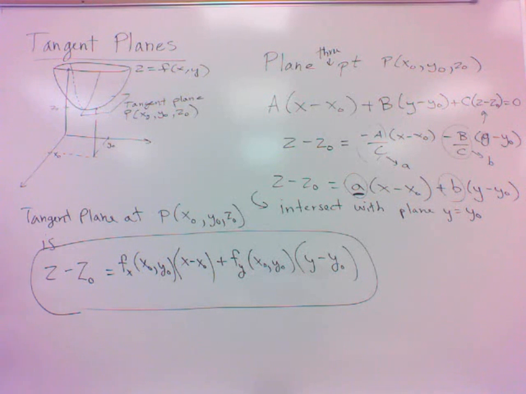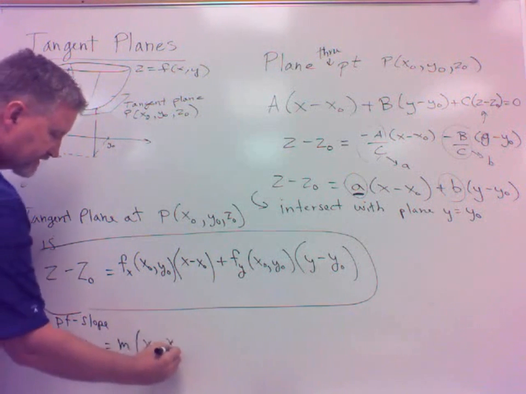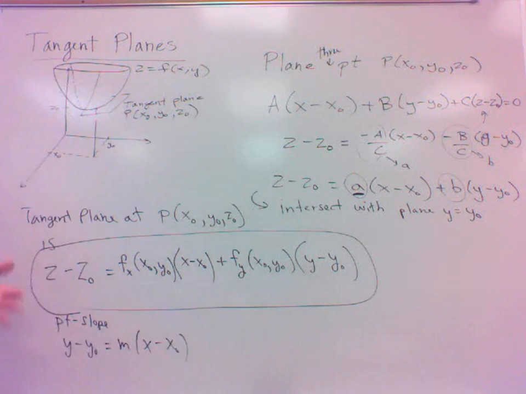Now, what you might note there is the similarity between what we have here and the point-slope form of a line. What is the point-slope form of a line? y minus y0 equals m times x minus x0. And if we're talking about tangent lines, the slope is the derivative, right?